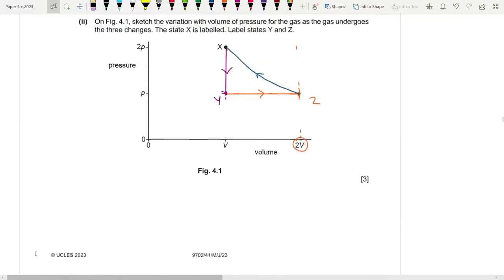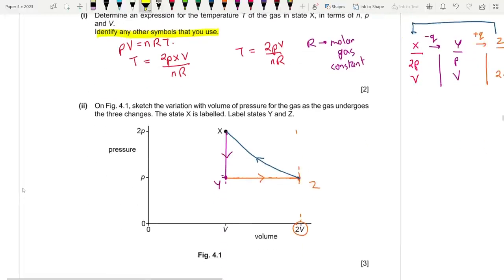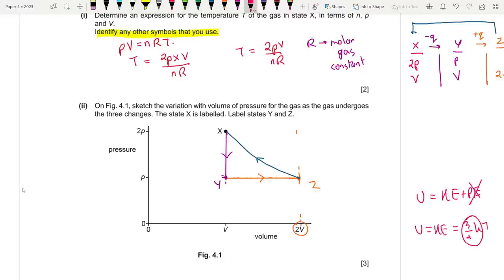Next, let's go to the next one. Finally, the gas returns at constant temperature to state x. This is a very important finding. When you return at constant temperature, I just told you that for an ideal gas, internal energy is typically the sum of K plus P, but an ideal gas has no IMF, so it has no P. It only has KE, and the formula of K is 3 by 2 kT, where 3 by 2 k is a constant.